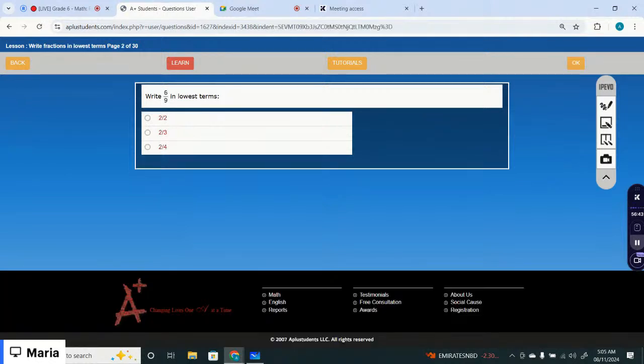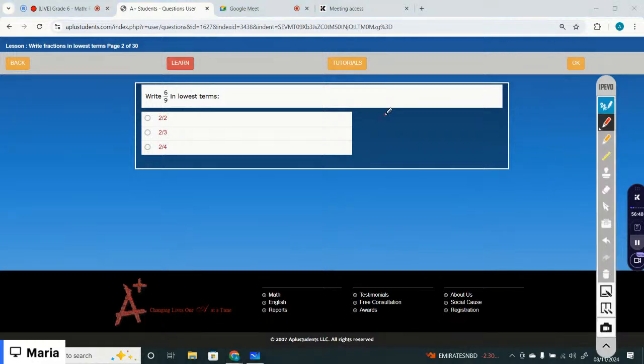Write 6 by 9 in lowest terms. So which is the greatest number that can divide 6 over 9?